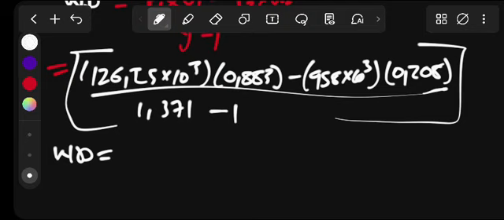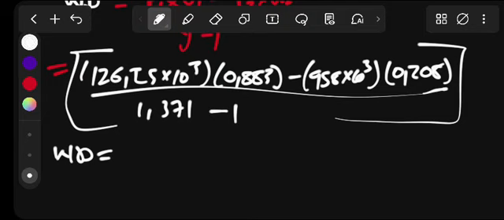All right, so this work done, let's check: 126.25 times 10 to the power of positive 3, multiplied by 0.883, minus 958 times 10 to the power of 3 times 0.205, divided by 1.371 minus 1.